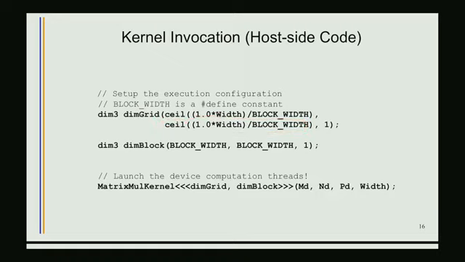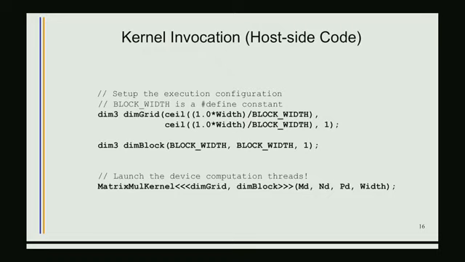Now, because in C and C++ integer to floating point conversion is finicky, we did this code here to make sure that we don't generate an error where there's some boundary condition on the floating point conversion. If you don't understand that code, don't worry about it. It's just very C and C++ oriented. Bottom line, what we're doing is calculating how many blocks in the x dimension and how many blocks in the y dimension, just by dividing by block width.